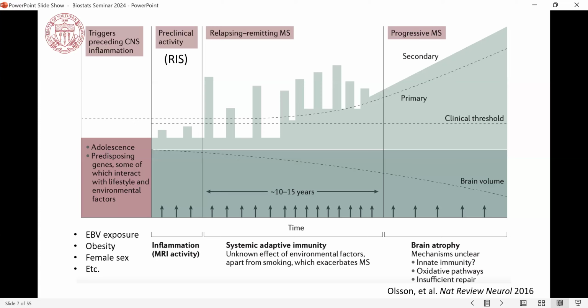After that, it's called progressive MS, because the symptoms and the degeneration will be persistent. It goes all the way to the end, and this is the completely out of control phase. You can see the brain volume drops, the atrophy drops a lot at that phase.